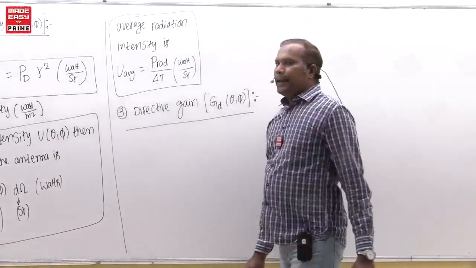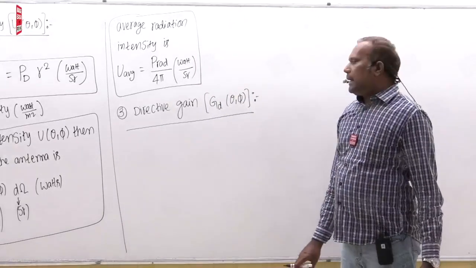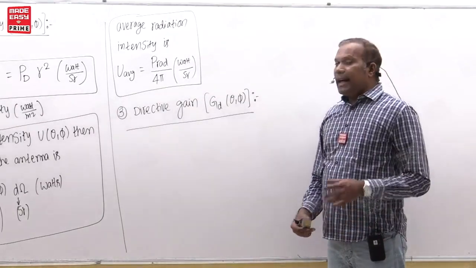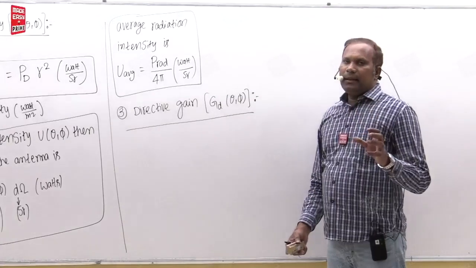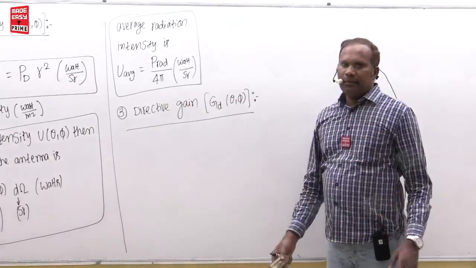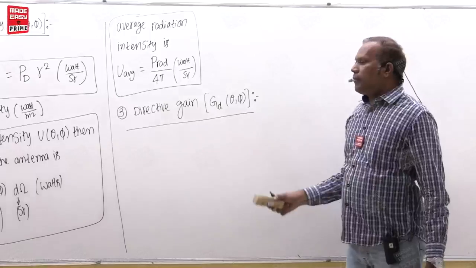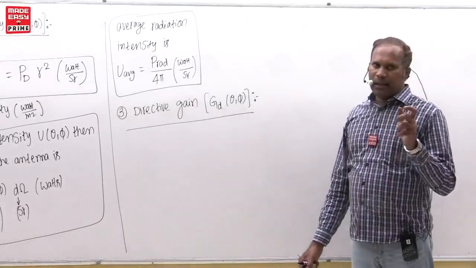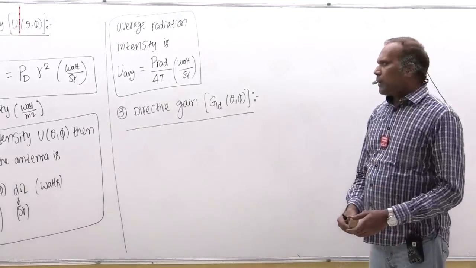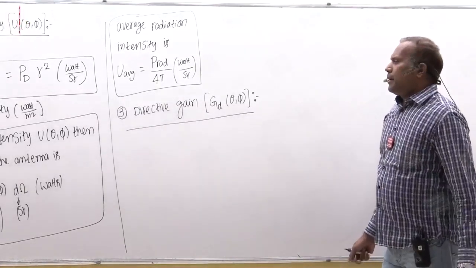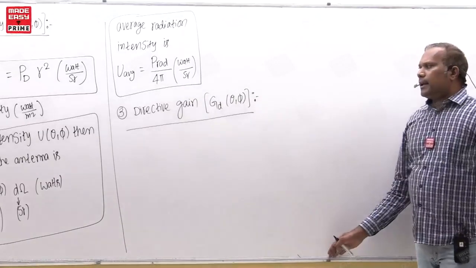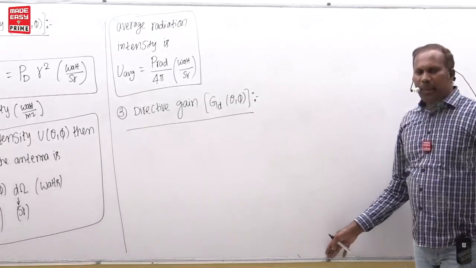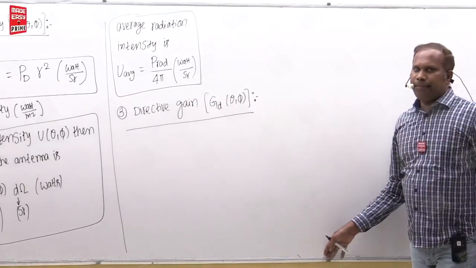So this directive gain is a measure of radiation intensity in a particular direction. So dear students, directive gain gives the radiation intensity in a particular direction.